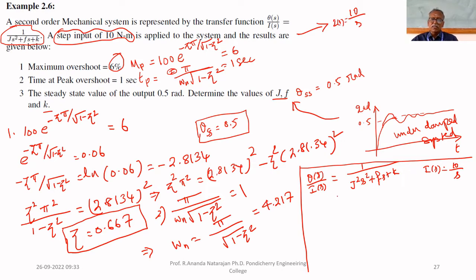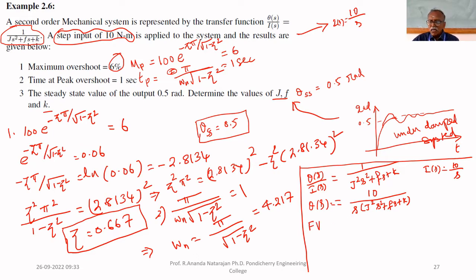If you substitute this here, you will get theta of S equal to 10 upon S multiplied by J S square plus F S plus K. That is theta. We have to find the final value. We know the final value theorem. What is the final value theorem? You studied it in signals and systems.